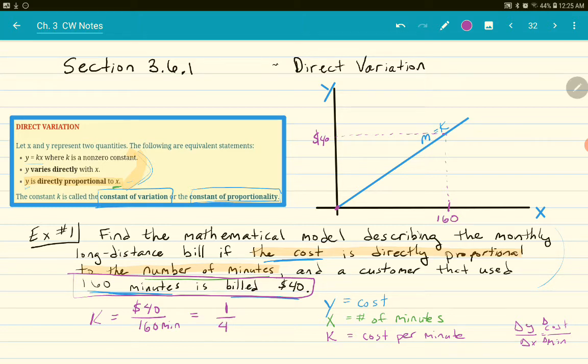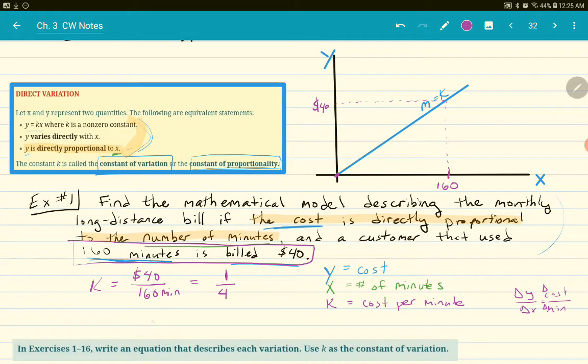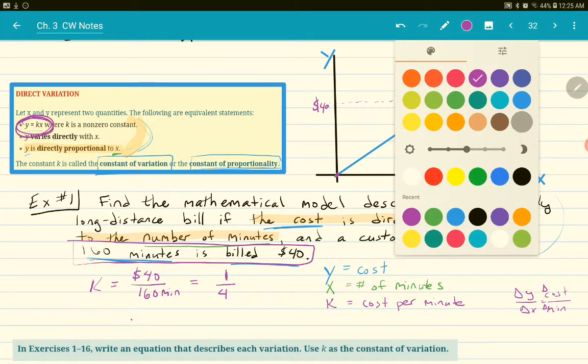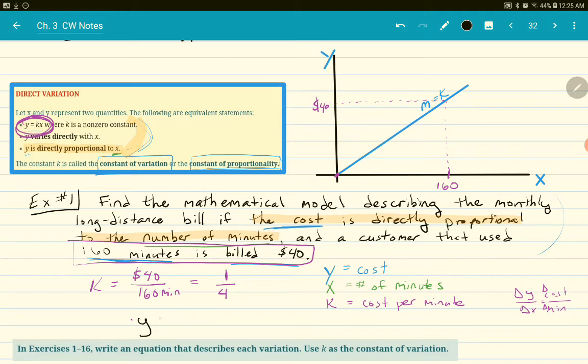So my equation is always in this form, y equals kx. My generic equation is y equals kx, and I replace the k with my specific k for this situation.